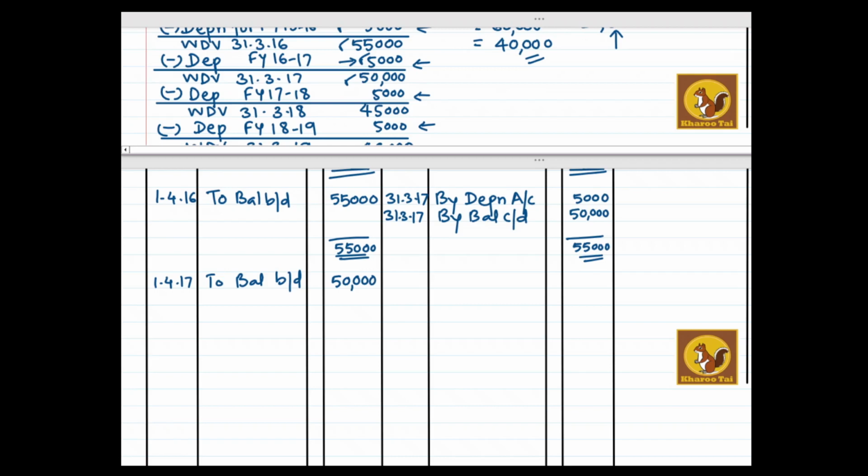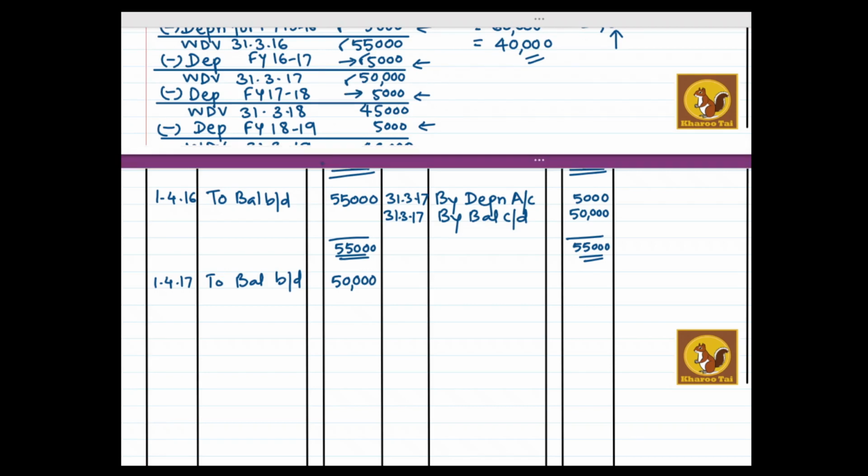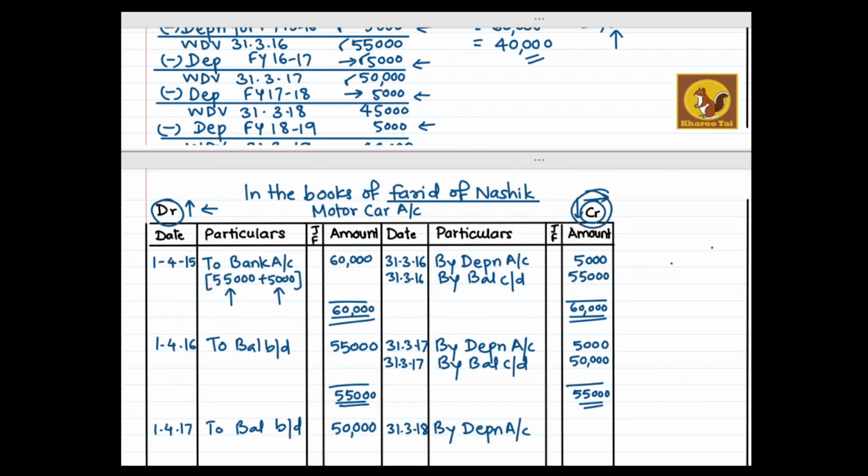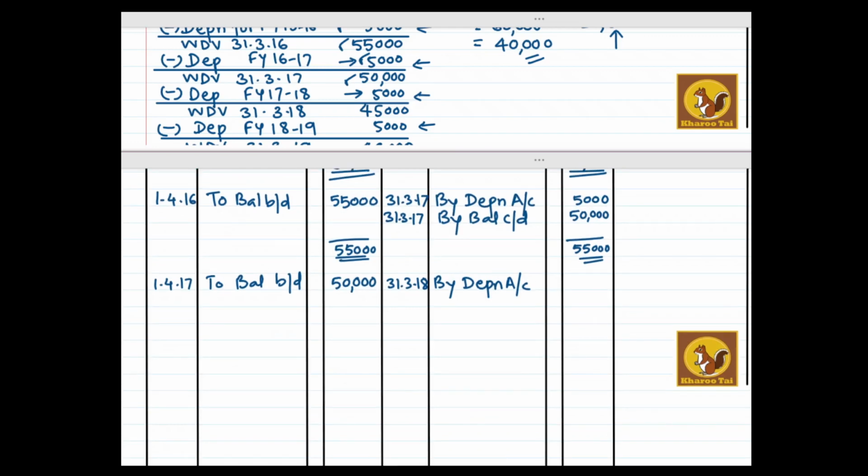In the third year, again no other entry, 31/3/17 by depreciation account. We are crediting the asset to reduce its value, right? And the value is reducing because of depreciation. The amount is 5,000. And then we are closing the books, 50,000.